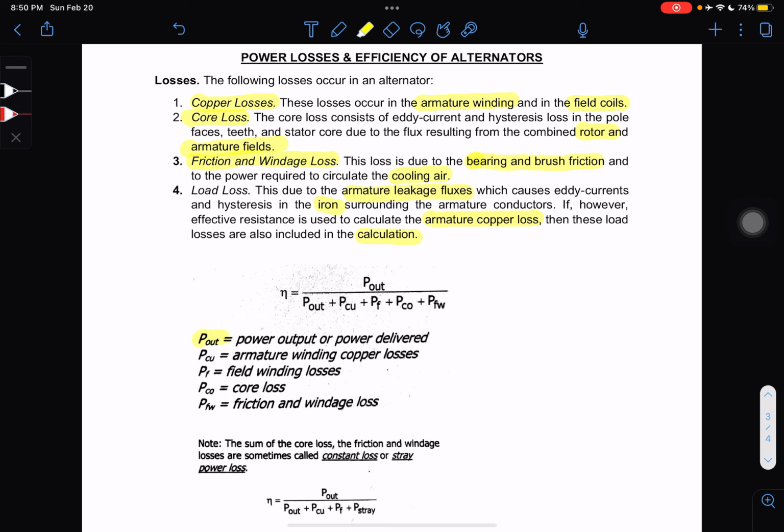P out is the power output or the power delivered, divided by P out plus the PCU or the armature winding copper loss, plus our field winding loss, plus our core loss, and lastly our friction and windage loss. So take note of our formula for efficiency.